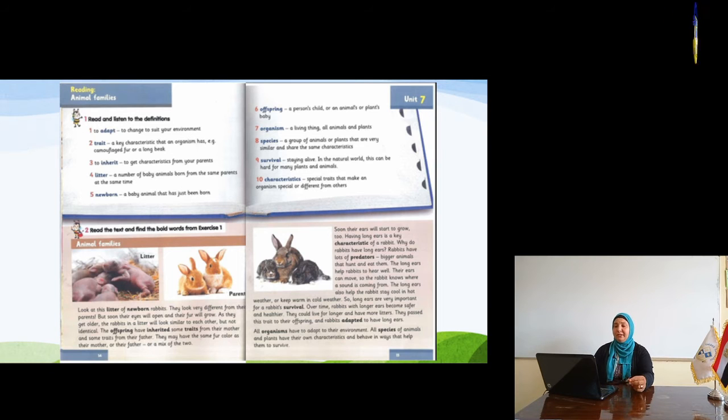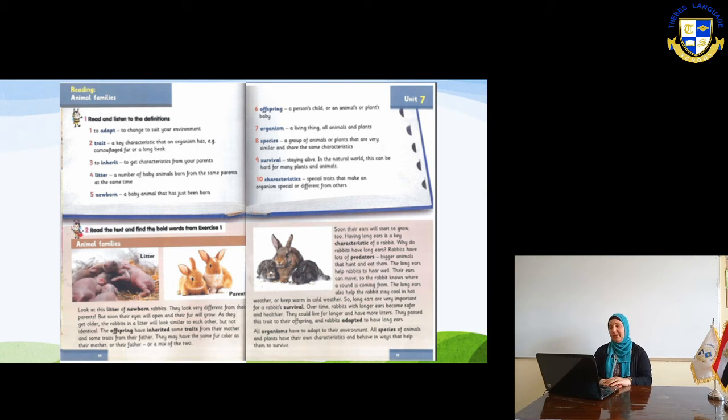The offspring have inherited some traits from their mother and some traits from their father. They may have the same fur color as their mother or their father, or a mix of the two. Soon their ears will start to grow. The ears are very important for the rabbits.